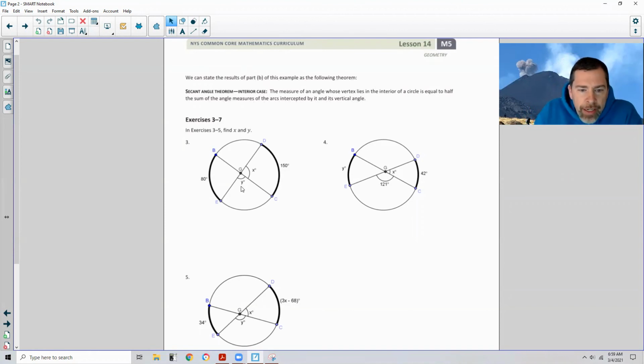Okay, so we want to find X and Y here. Looking at Y, we do not know the measure of EC. We do not know the measure of BD, but we do know the measure of arc BE and the measure of arc DC.